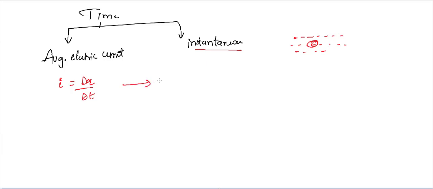So we take delta t tends to 0, because the time becomes very small, and in that case the expression becomes dq/dt, because this is a very small charge.